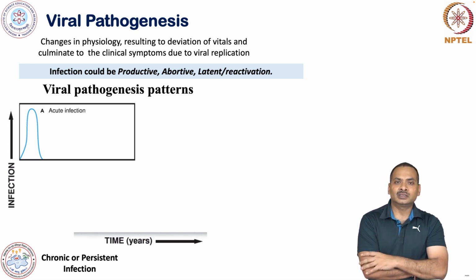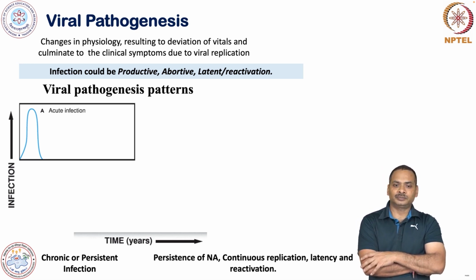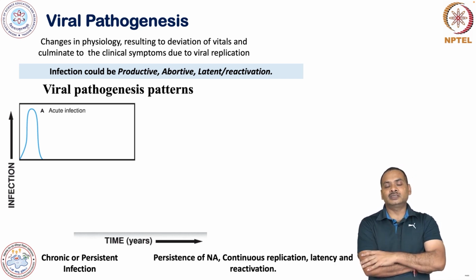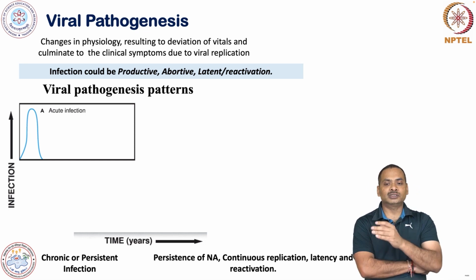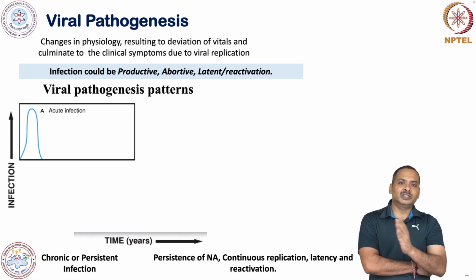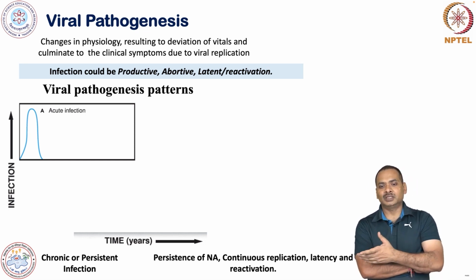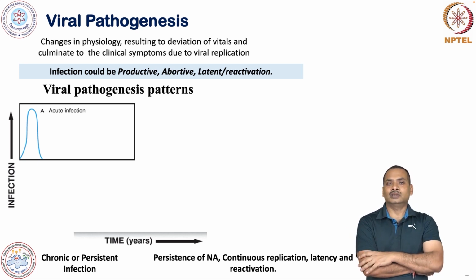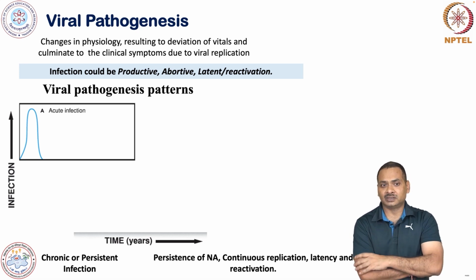So, we call it a chronic infection. The persistence of the nucleic acid means there will be continuous replication, sometimes they will remain in latency, sometimes there will be a reactivation, an episode of change in vitals.